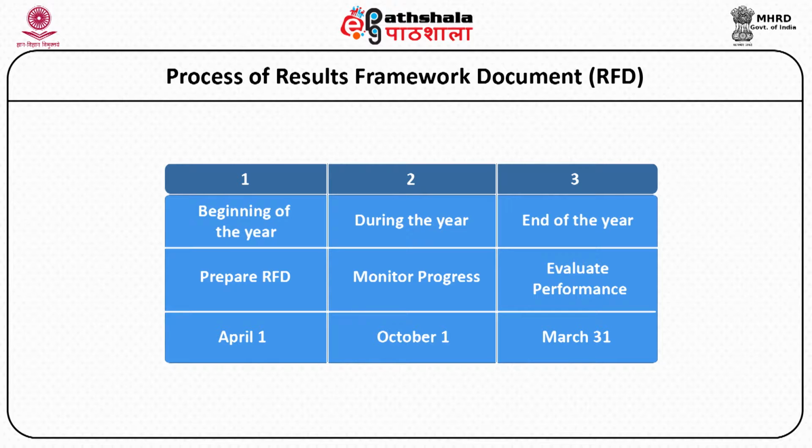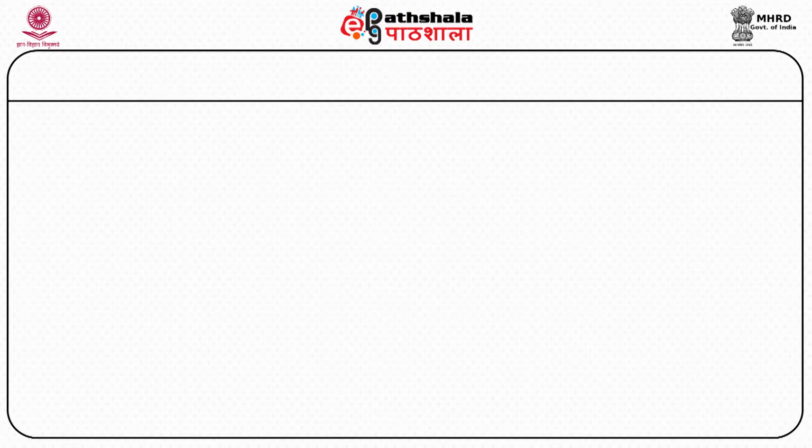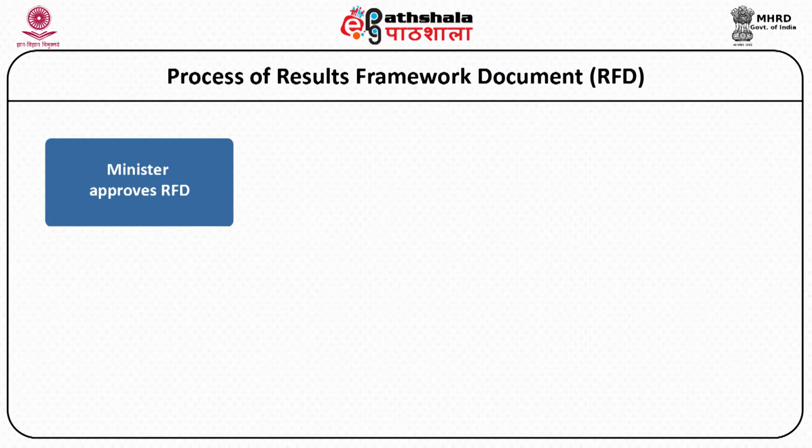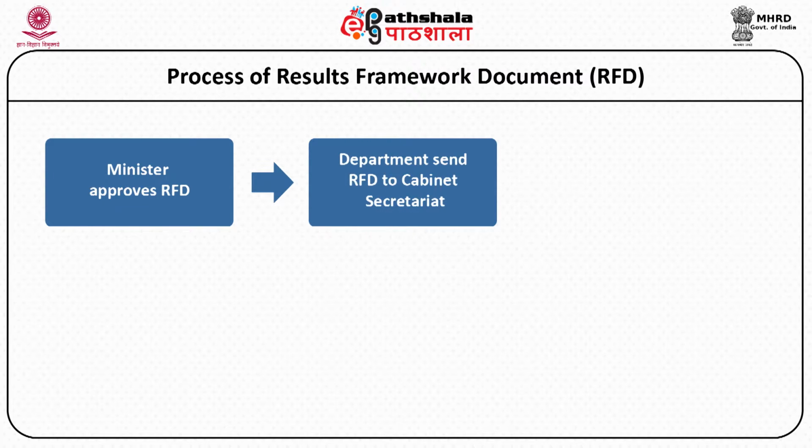This slide too provides the process of Result Framework Document. The first one is Minister approves the RFD. Department sends the RFD to the Cabinet Secretariat. RFDs are reviewed here.